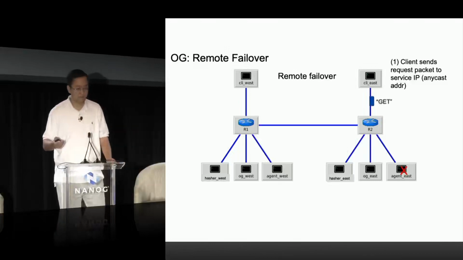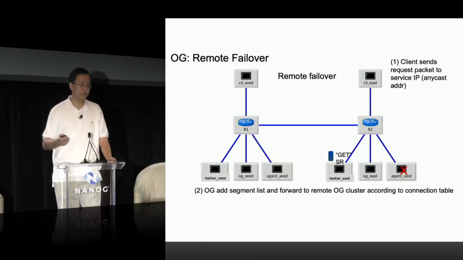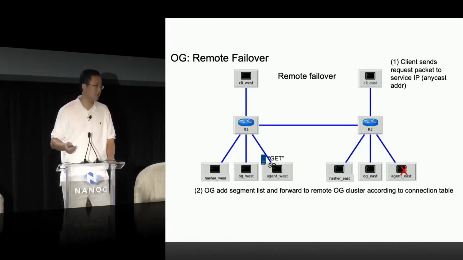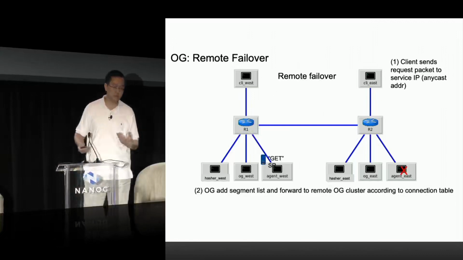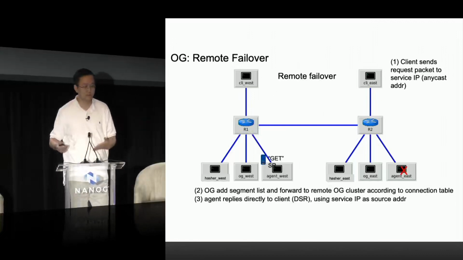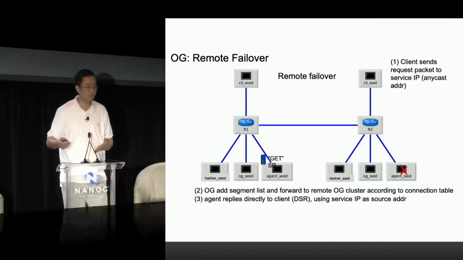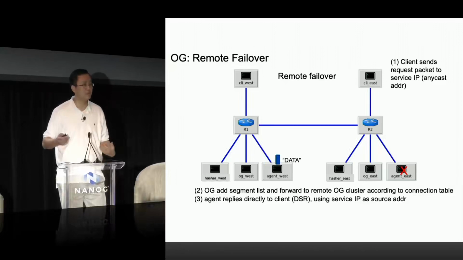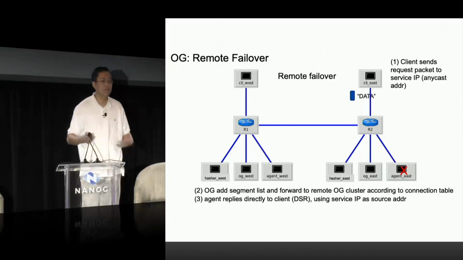In the same way, the GET will go to the local, which will then be forwarded to the remote. And at this point, because the connection has been established, this agent can choose to respond directly to the client because there's no need for tracking this connection. So that's how we would envision it.